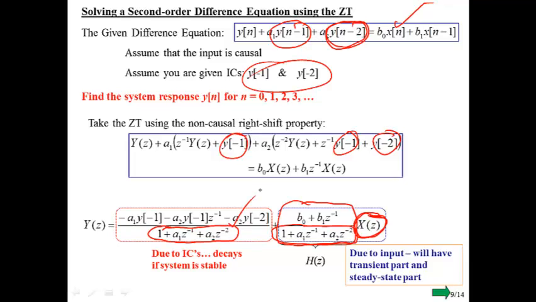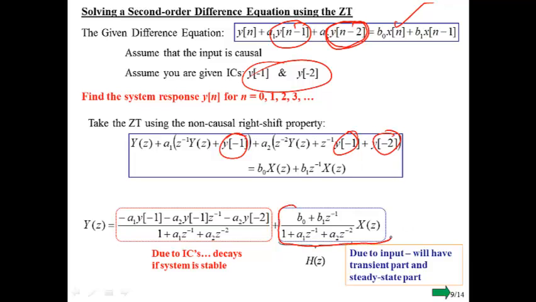So the pole characteristics show up over here as well as over here. So again, if the system is stable, that means that the roots of this are going to have magnitude less than 1. And when we do an inverse transform of that, we'll get things that will be decaying exponentially, and that's a good thing generally.